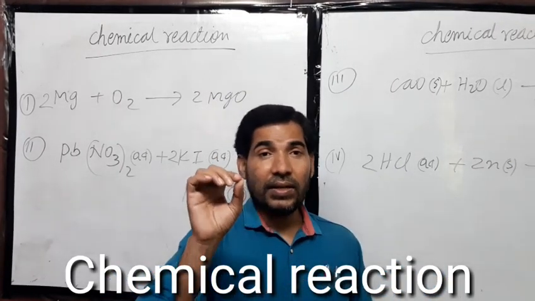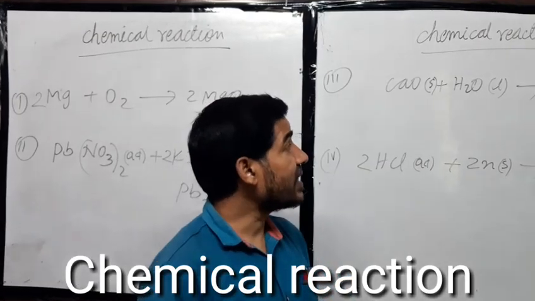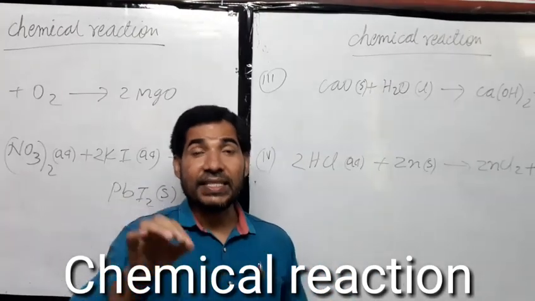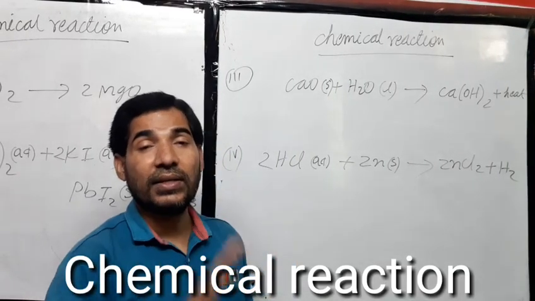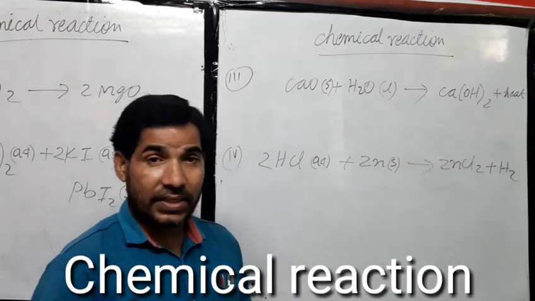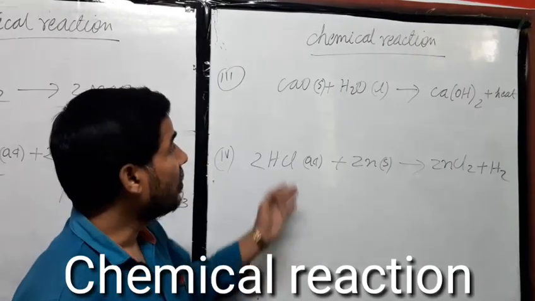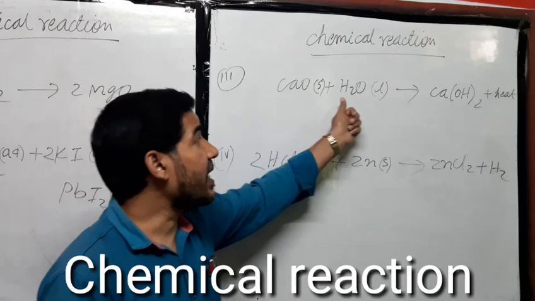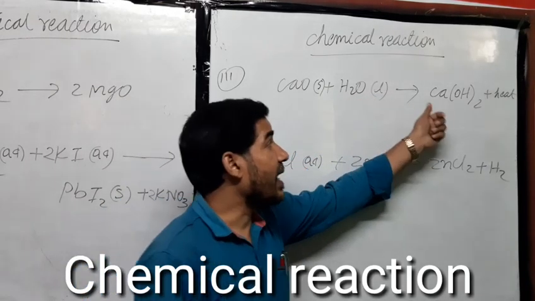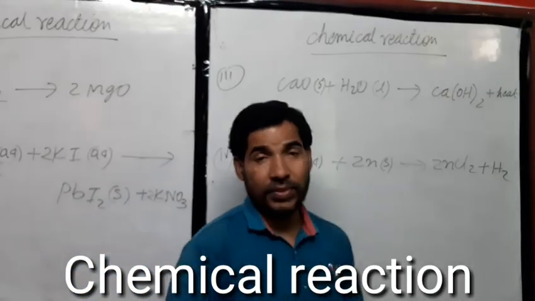What is a chemical reaction? The reaction in which a change in temperature takes place is also an example of a chemical reaction. For this, I have given an example. You are seeing here, when quicklime, meaning calcium oxide, reacts with water, calcium hydroxide is formed.